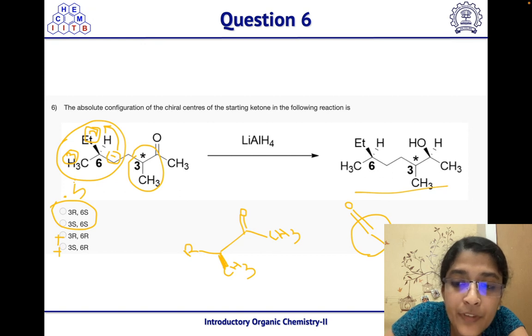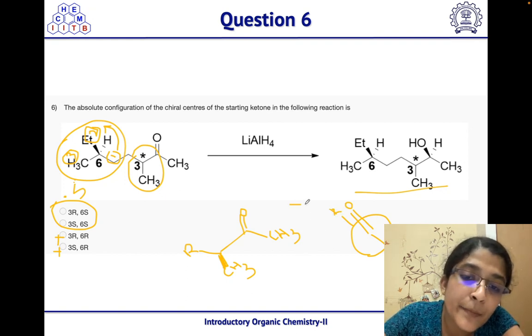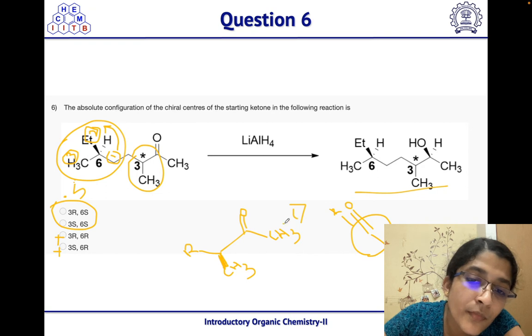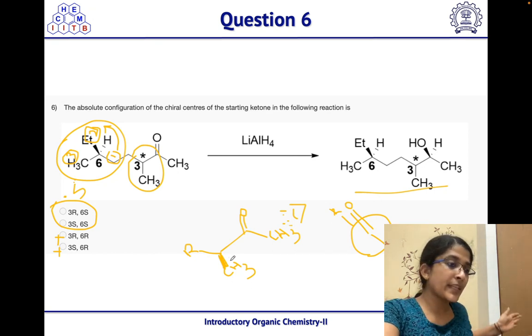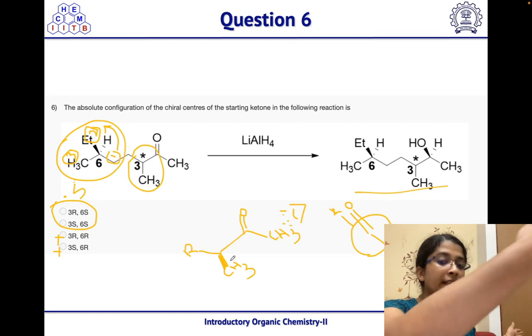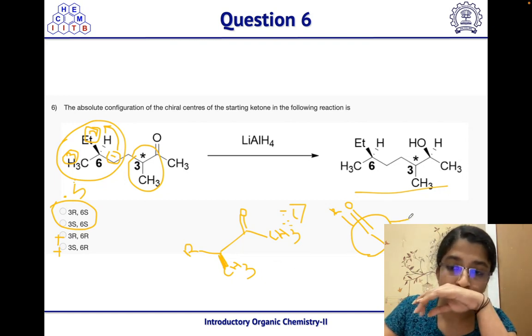And this R group will be eclipsing with this C, like it is antiperiplanar to this CH3. And if we are looking from this direction, this methyl group will be to our left, and hydrogen will be to our right. So this is hydrogen, and this is methyl.